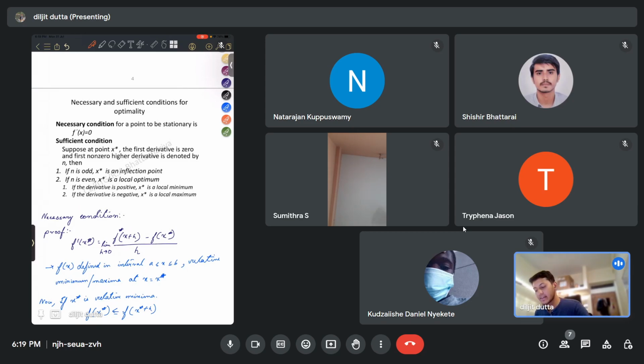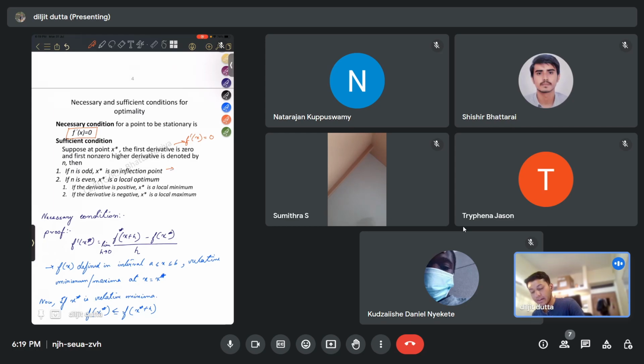The necessary condition for a point of stationarity is f dash x equal to 0. We have already seen that. And the sufficient condition is that suppose at a point x star, the first derivative is 0, that is f dash x equal to 0, and the first non-zero higher derivative is of order n. If n is odd, then x star is an inflection point.